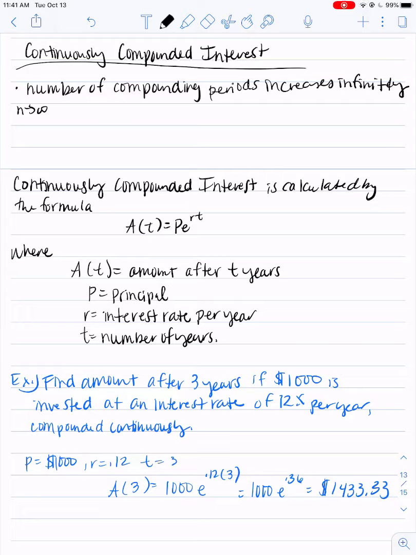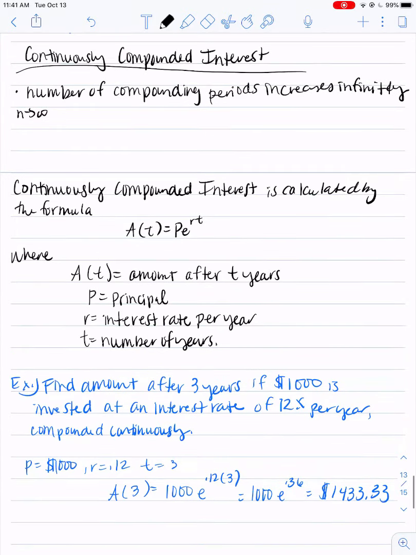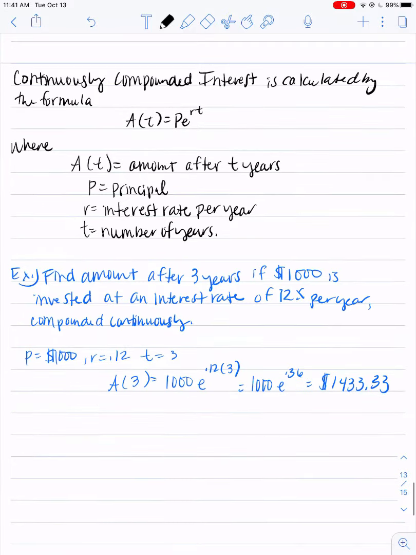Continuously compounded interest is calculated by the formula A(t) = Pe^(rt). So the interest is just always compounded, basically. Our A(t) is the amount after t years, P is our principal, r is our interest rate per year, and t is our number of years.